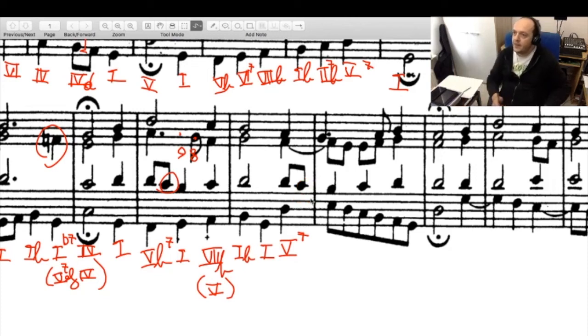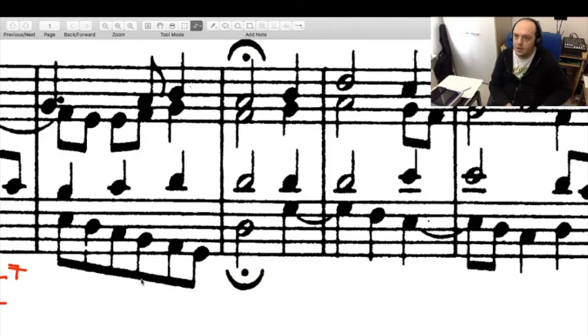Okay. Let's do this. Chord 6 with a 9 suspension. Suspension against the bass, it's a 9. And against the soprano as well, it's just 2.